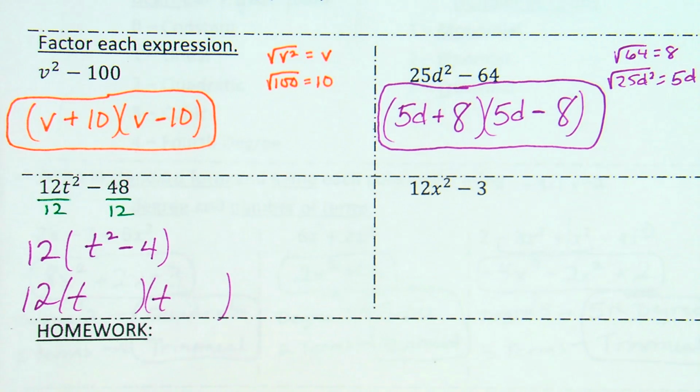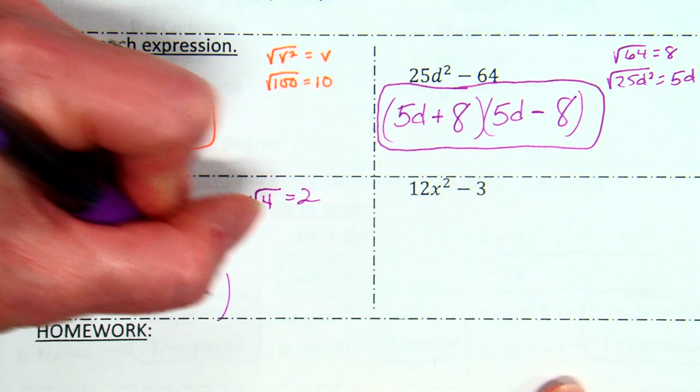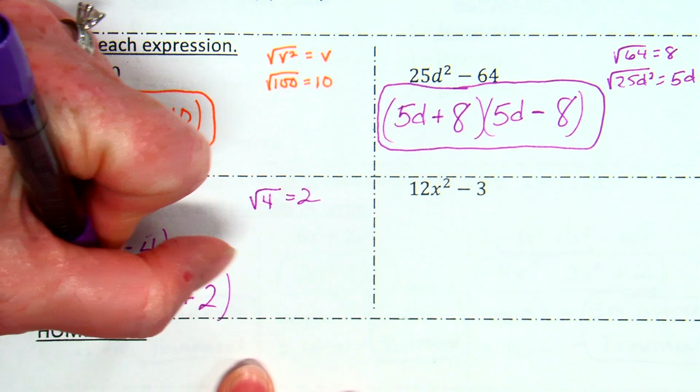What is the square root of 4? 2. So we're going to write this as 2 and 2. What about signs? 1 negative, 1 positive. So I wrote 12 times t minus 2 times t plus 2.